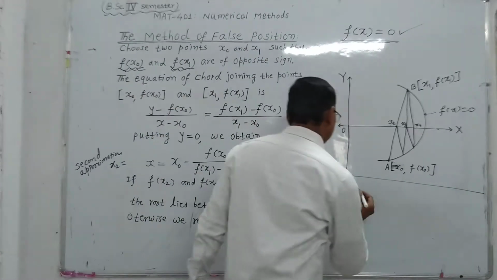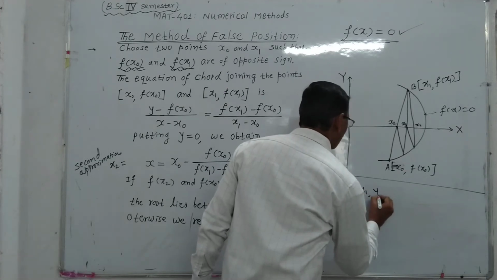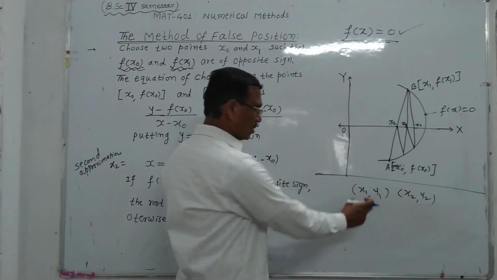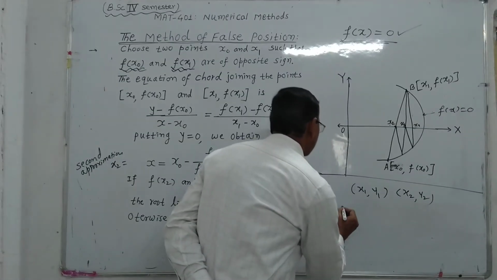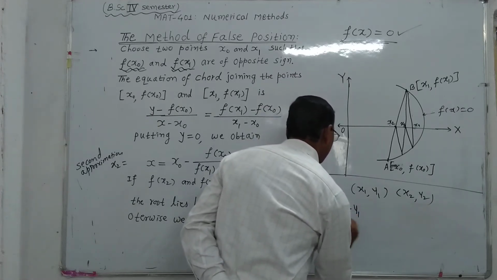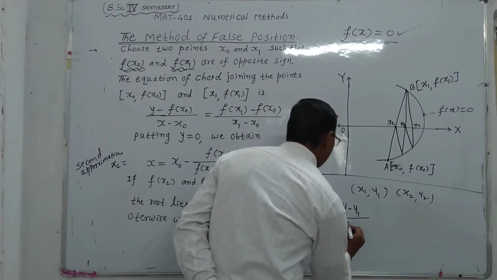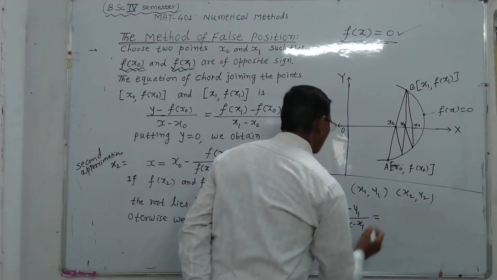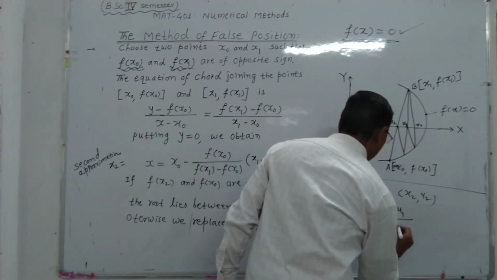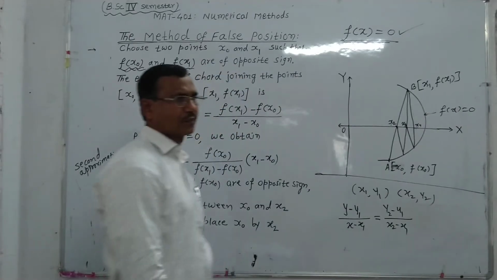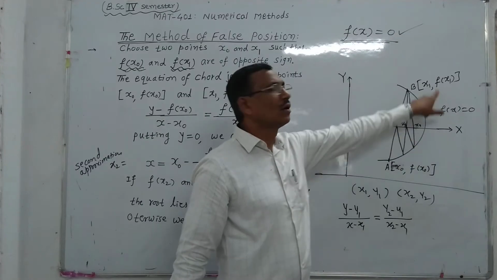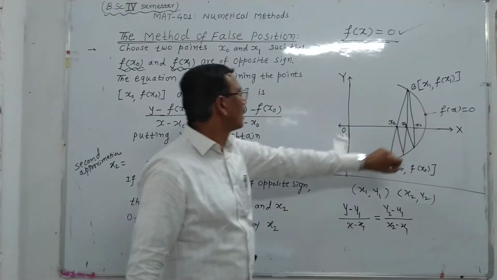If we have two points (x1, y1) and (x2, y2), the equation of the line joining these two points is given by (y - y1)/(x - x1) = (y2 - y1)/(x2 - x1). Using this form, our points are (x0, f(x0)) and (x1, f(x1)).